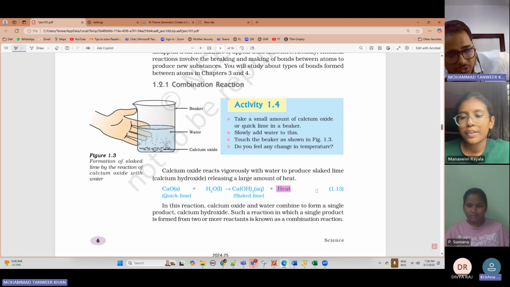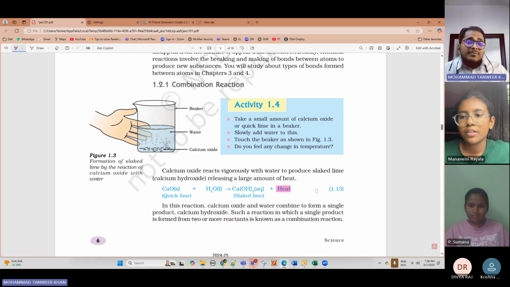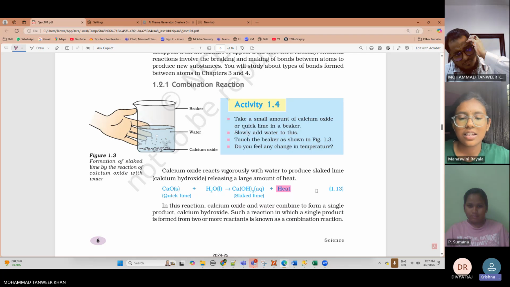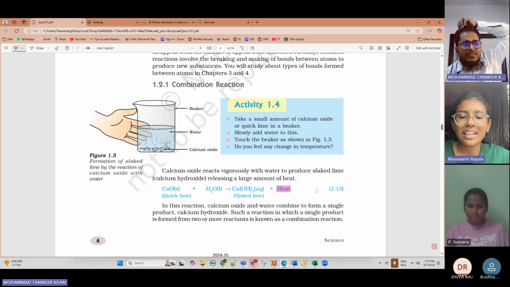So in this reaction, what are the reactants? CaO and water. And what will it produce? What are the products? Calcium hydroxide, or slaked lime, and heat. What does slaked mean?